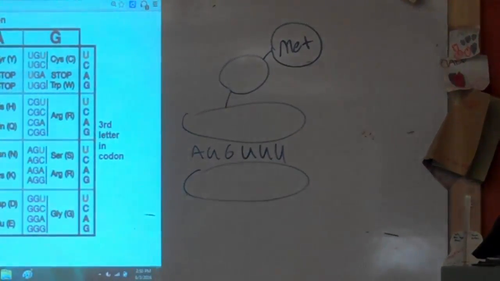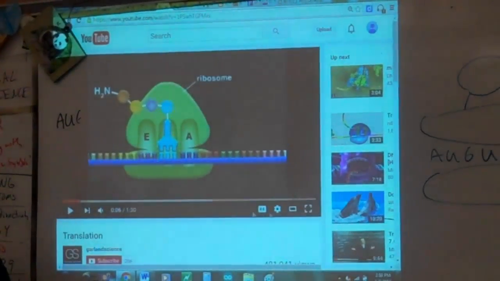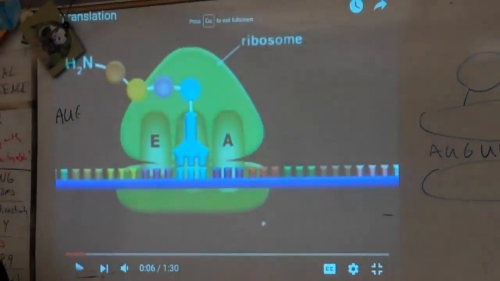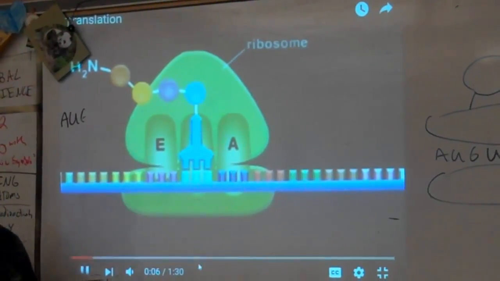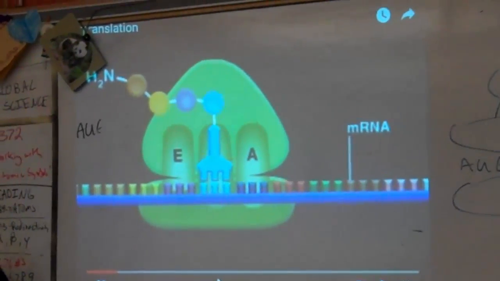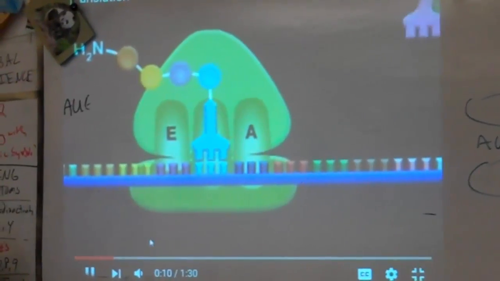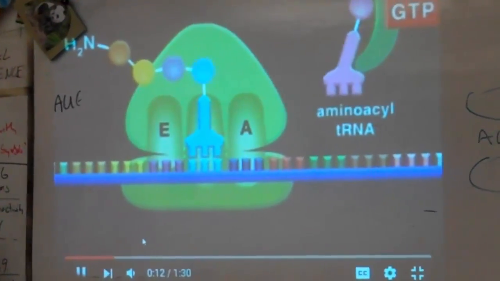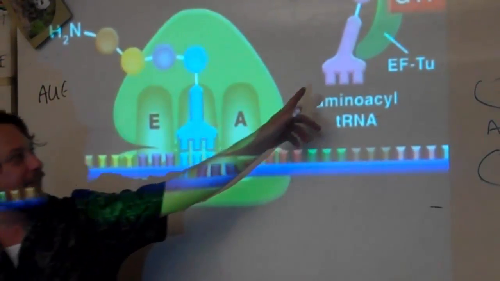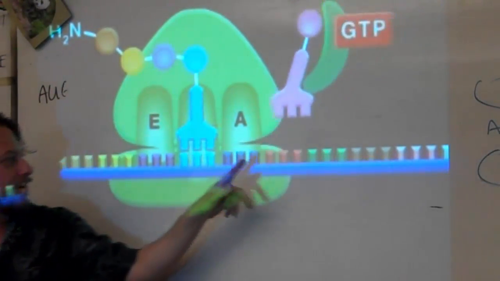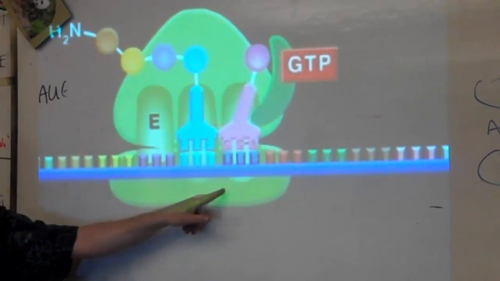In fact, for just 1 second, since we have it on screen and Quincy can see it also, this is what it really sort of looks like as it's getting built. This is called a transfer RNA, and it's going to come in here, and it's going to have a matching anticodon to whatever's here.